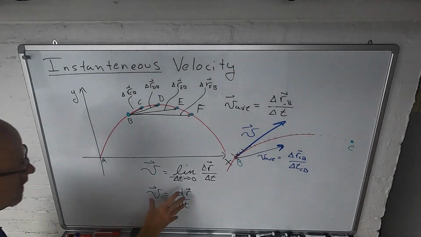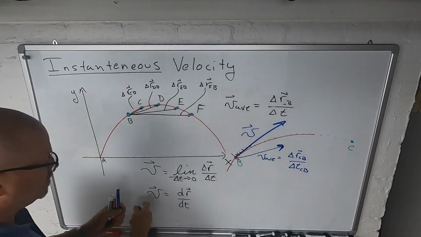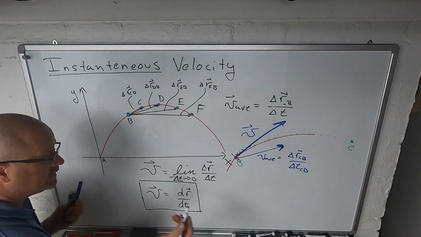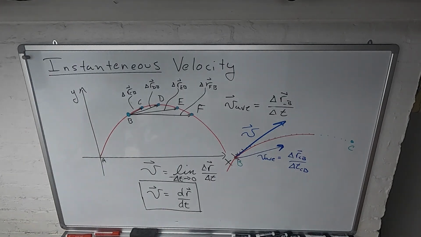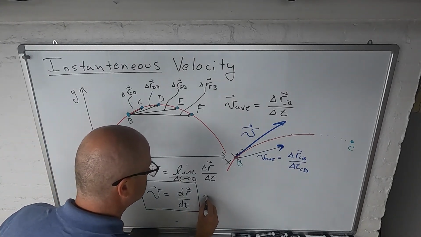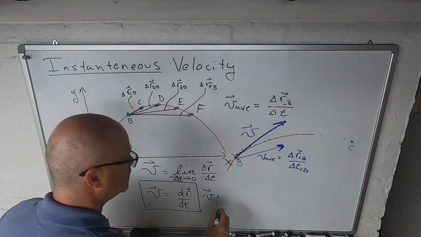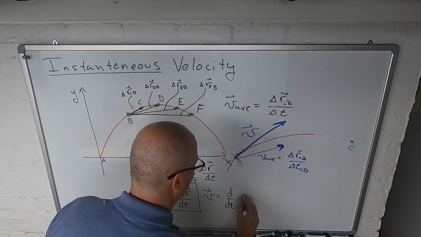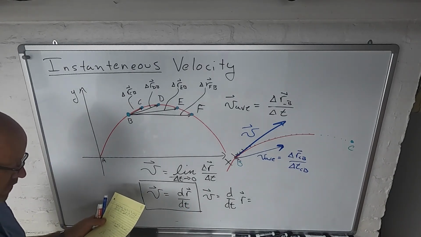So this is a vector quantity, and as such it has components. And so we can write down the components of our velocity vector v, and they are really just the derivatives of r with respect to t. So we can write down v is equal to d by dt of r. I've just brought the r down, so it's a differential.